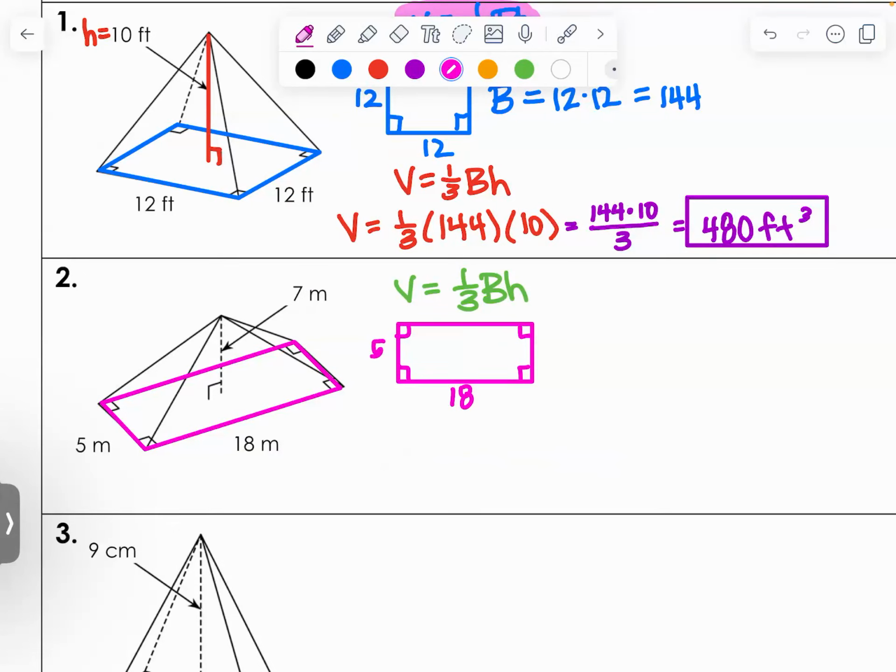So redraw that base. Right now it is a rectangle. I'm going to label my rectangle. And in order to find big B, the area of the base, we are going to do what? 5 times 18. Okay, 5 times 18, 18 times 5.